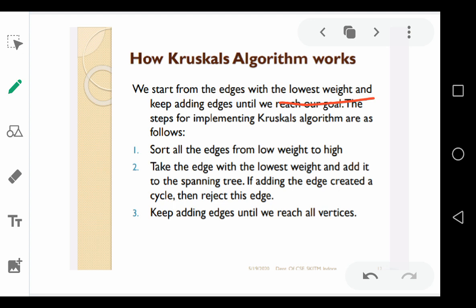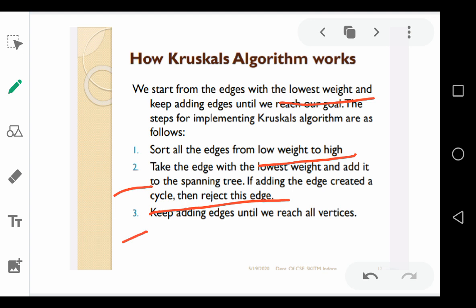First, in order to make things very easy, we sort all the edges from low weight to high weight. Second, we take the edge with the lowest weight and add it to the spanning tree. If adding the edge creates a cycle, then we reject that edge.